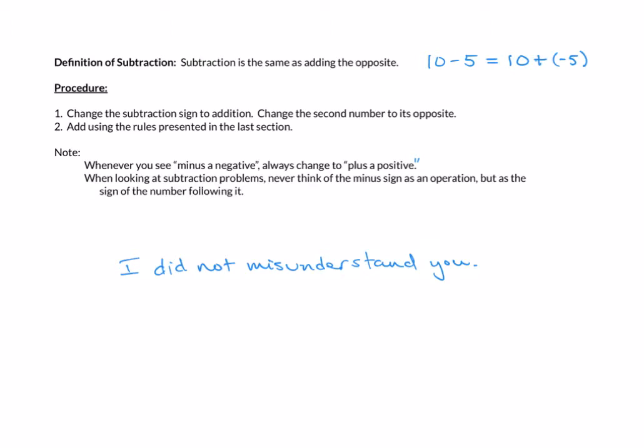So where are the negatives? Not, and misunderstand. Misunderstand means I did not understand you. So if I did not misunderstand you, this is the same thing as saying I did understand you.